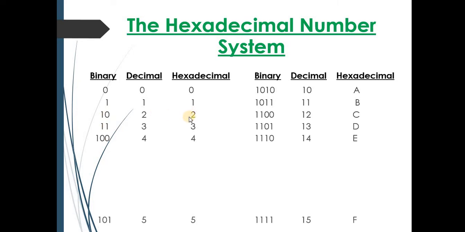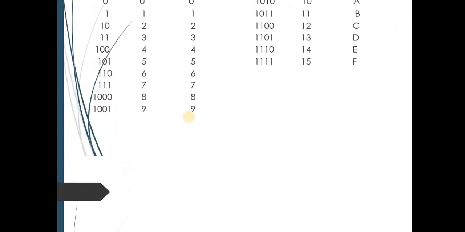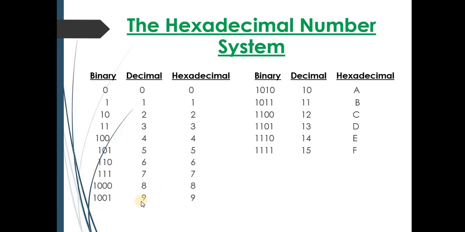So as we go to 9, you can see the number 9 is represented in hexa also as 9, but the decimal number 10 is represented by letter A in hexa, 11 B, 12 C, 13 D, 14 E, 15 F. Okay, so to represent these digits we need letters.